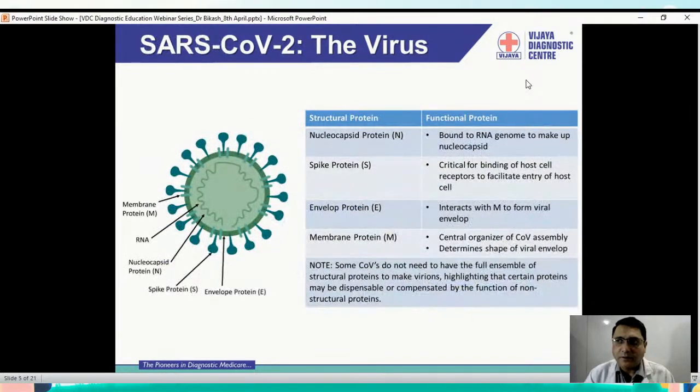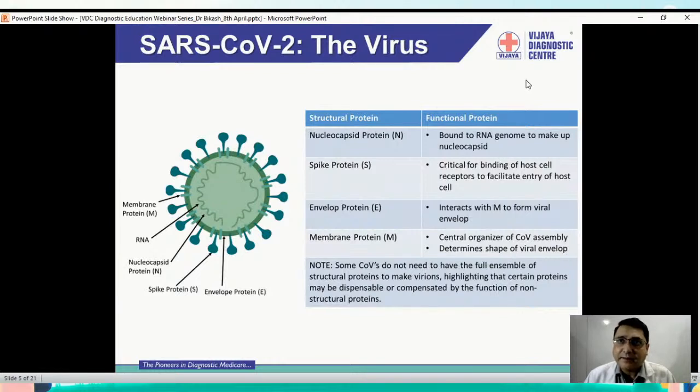Now, if we look at the coronavirus structural proteins, first of all, we have the nucleocapsid proteins, which are bound to the RNA genome to make up the nucleocapsid. Secondly, we have the spike proteins, which are critical for binding to the host cell receptor to facilitate entry into the host cell.